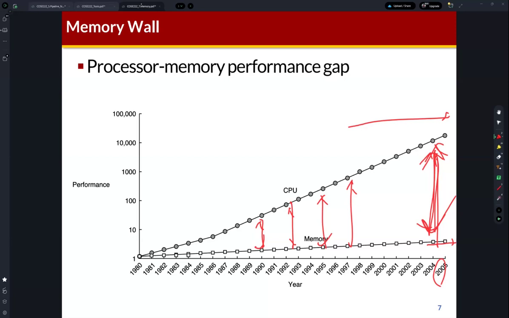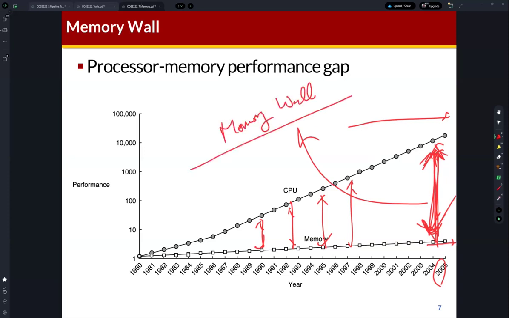And this is the problem. This is a critical performance problem in computer systems. This performance gap between the CPU and memory is called the memory wall.